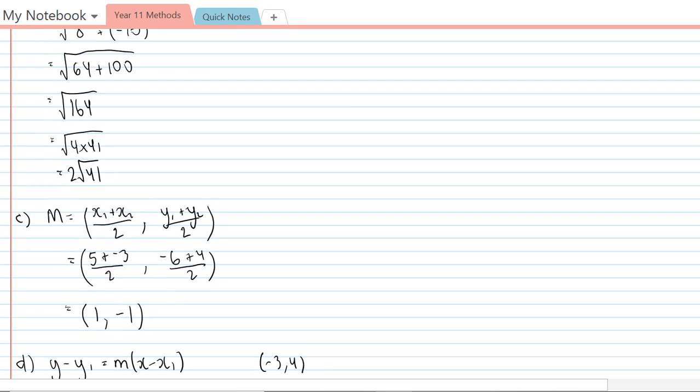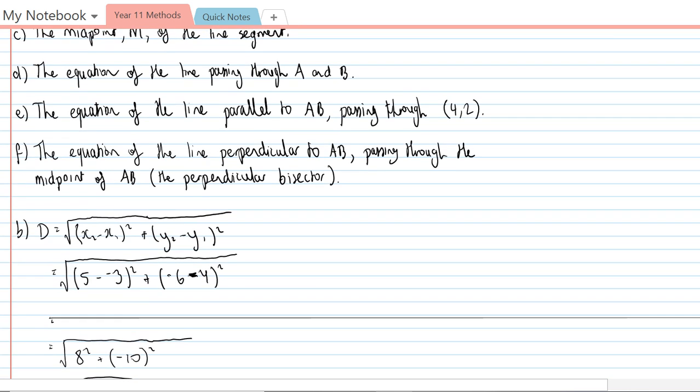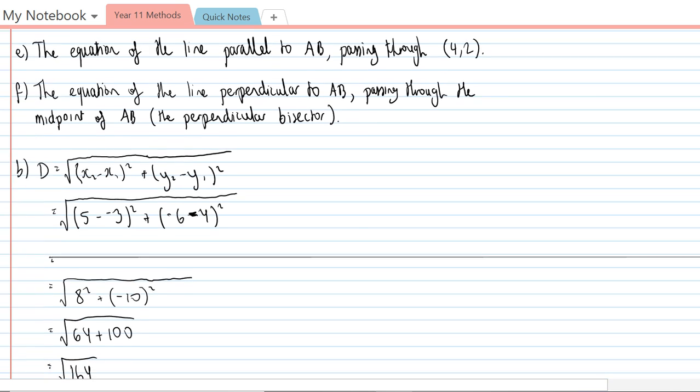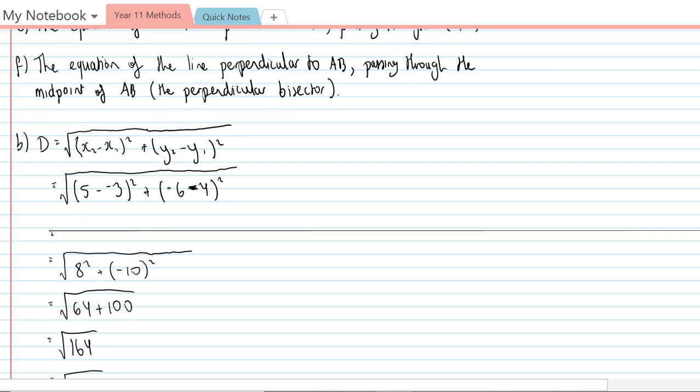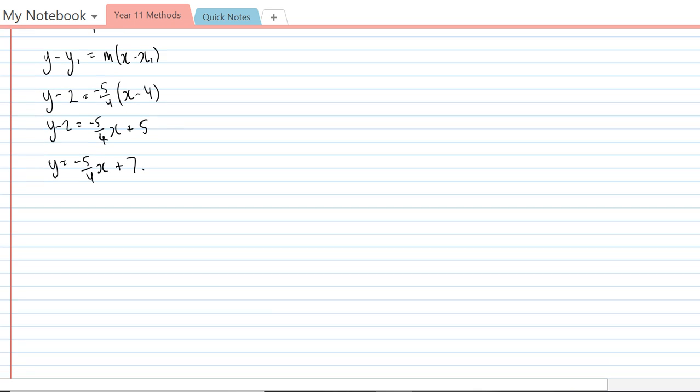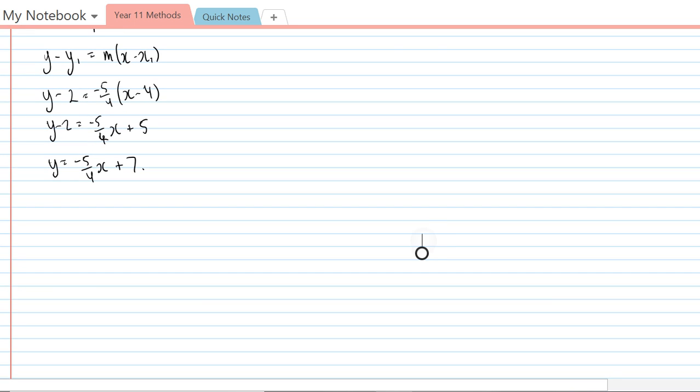The last part, part F, is the equation of the line perpendicular to AB passing through the midpoint of AB. So this is really just called the perpendicular bisector. It just cuts it in half and it cuts through it perpendicularly. So to do part F, I need to know that when I multiply the two gradients of perpendicular lines, it comes out to be -1.